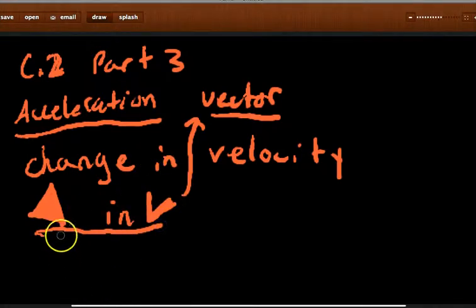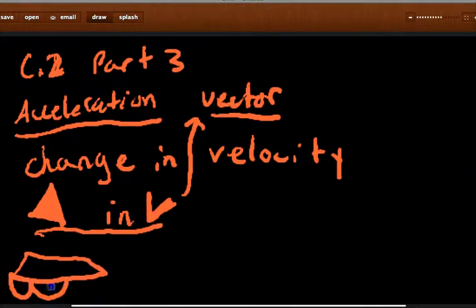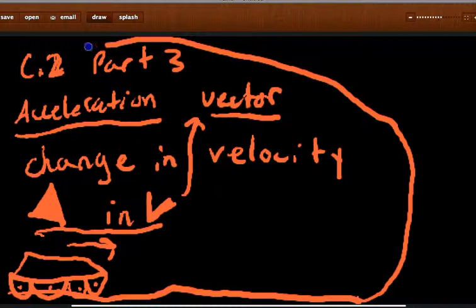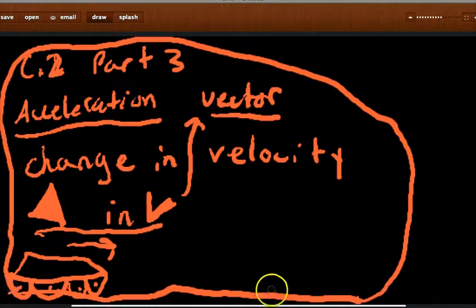Acceleration basically measures how fast the velocity of an object is changing. If a race car is moving down the track, I'll give it 8 wheels, and it has to go around turns and this big loop, it's constantly turning.